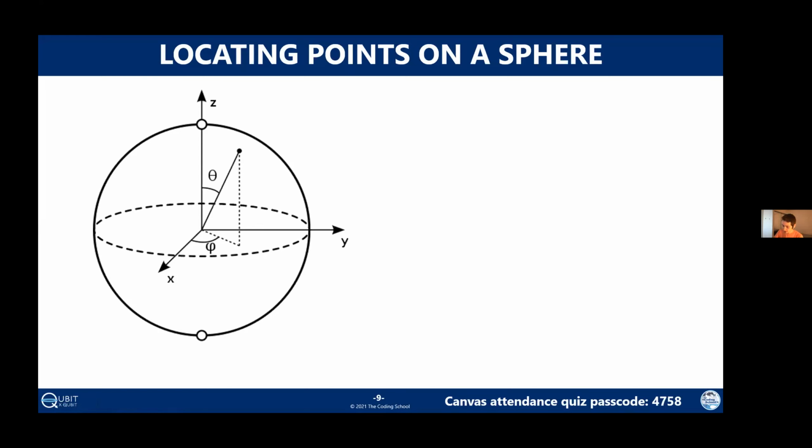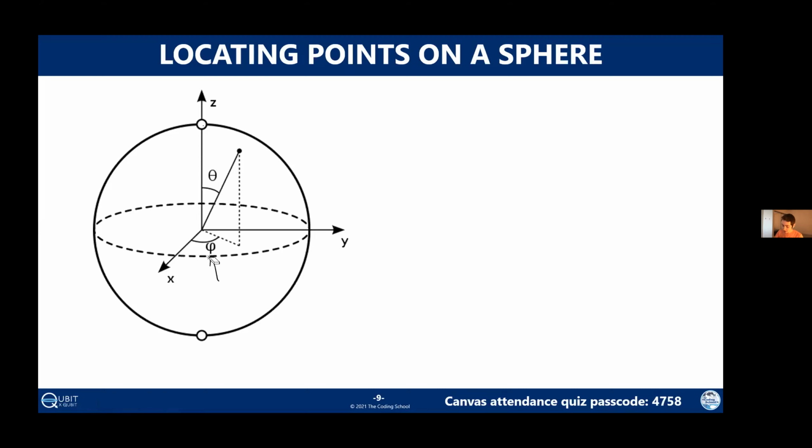This one here is meant to represent some point lying on the surface of the sphere. The way we're going to describe the location is with two angles, theta and phi. Just like latitude and longitude, theta tells us how far from the North Pole we are, and phi tells us how far from Greenwich, in this case, we are.